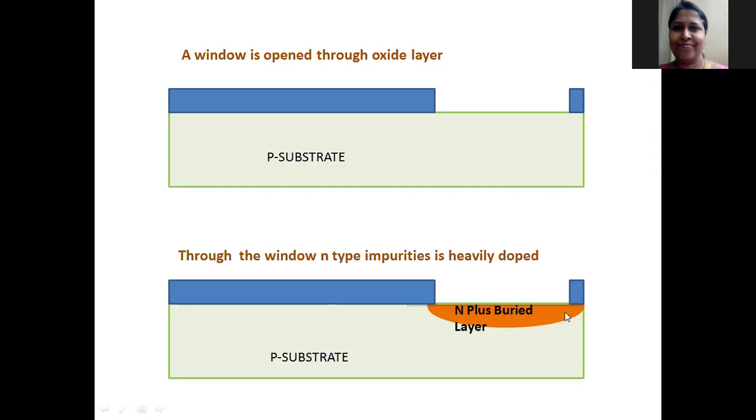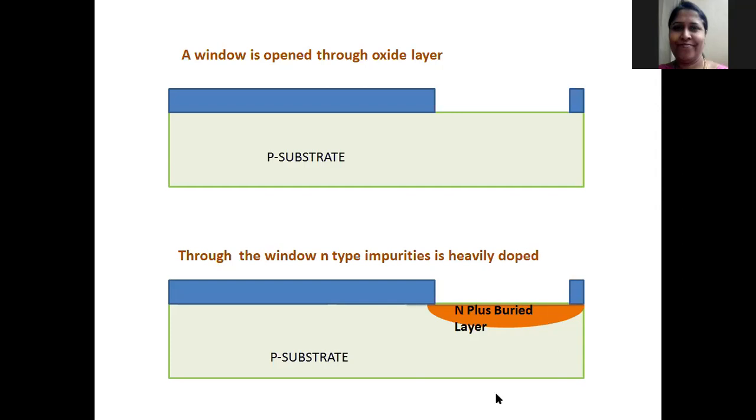How do we get N-type impurities in this portion? By subjecting this for implantation, we can get N-type impurities embedded in this portion. So this layer, what we see here is called N plus buried layer.